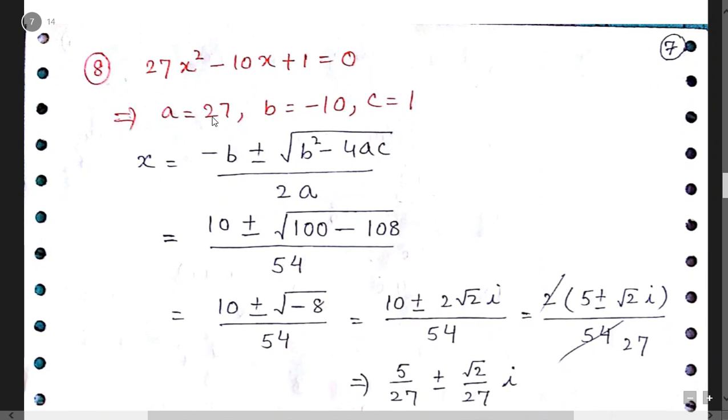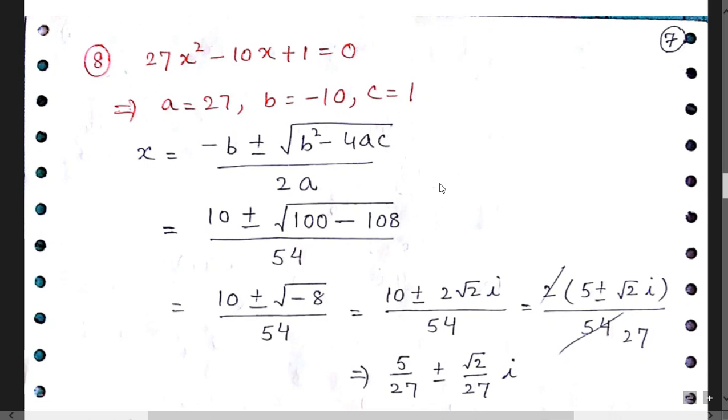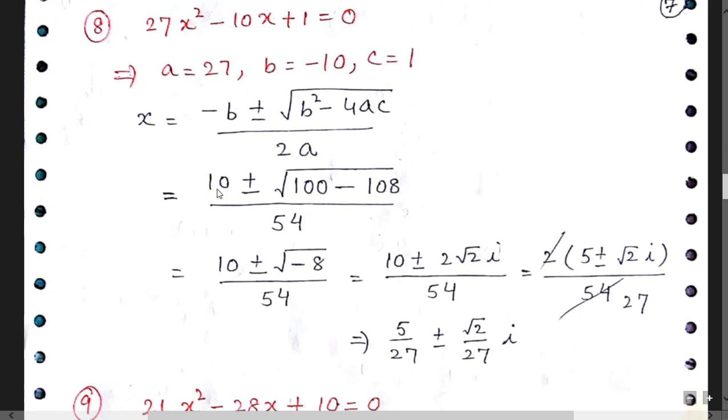Again in question number 8, it's also a similar one. 27x squared minus 10x plus 1 is equal to 0. a is equal to 27, b is equal to minus 10 and c is equal to 1. Insert these values in the formula. You will get 10 plus minus square root of 100 minus 108, divided by 54. It's minus 8.